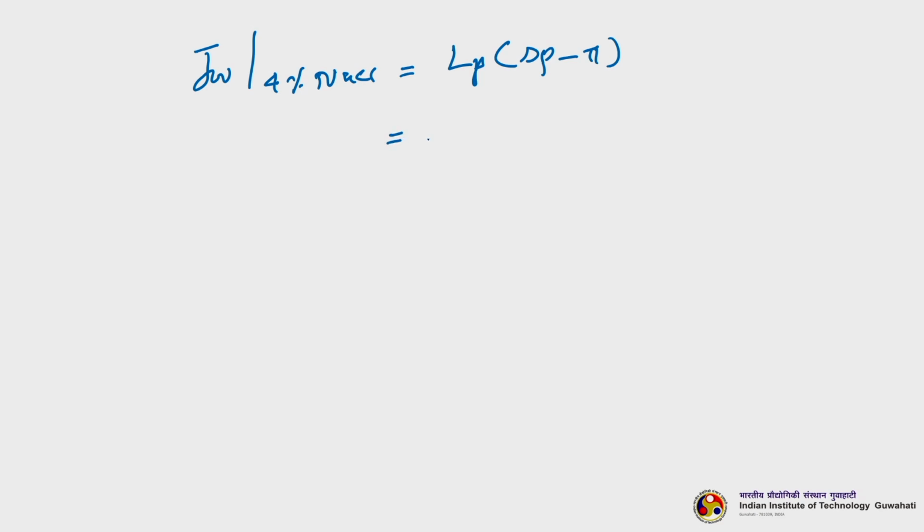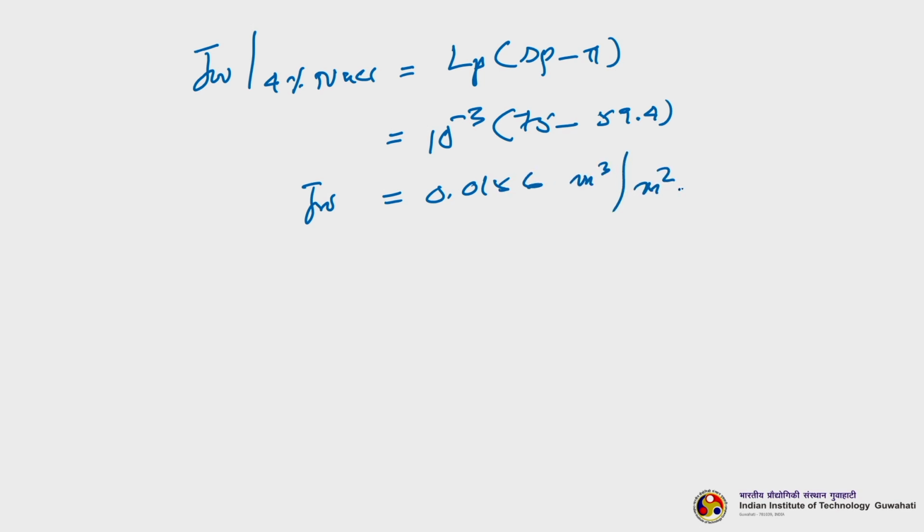Lp is 10 to the power of minus 3, delta P is 75, and delta pi we have calculated as 59.4. So Jw comes to be 0.0156 meter cube per meter square hour. This is the water flux we have calculated for a 4% sodium chloride solution with the same module.